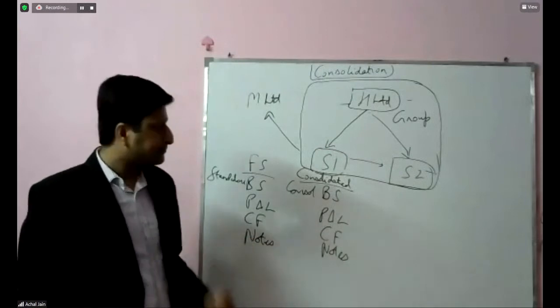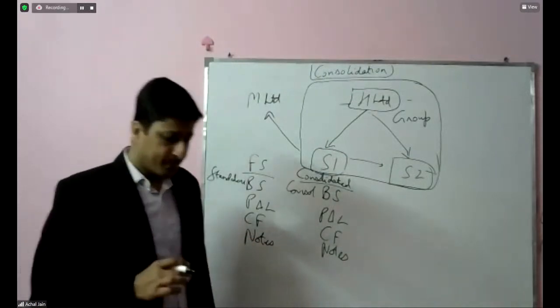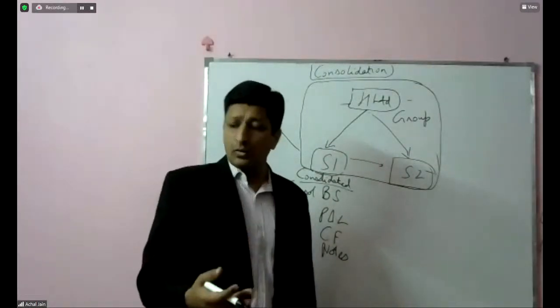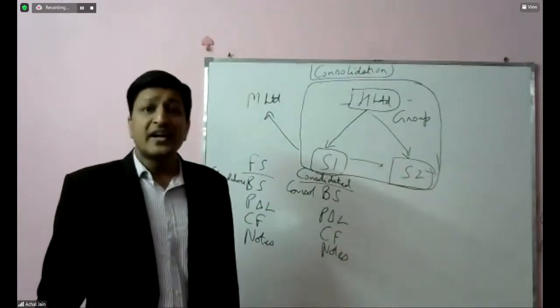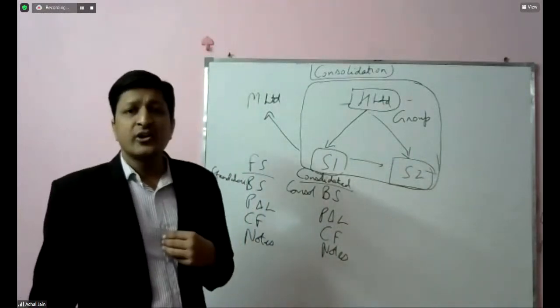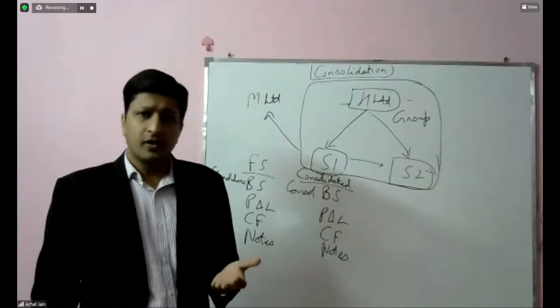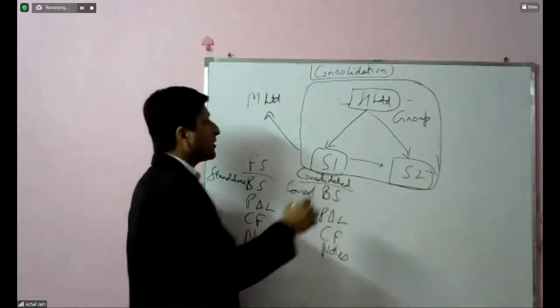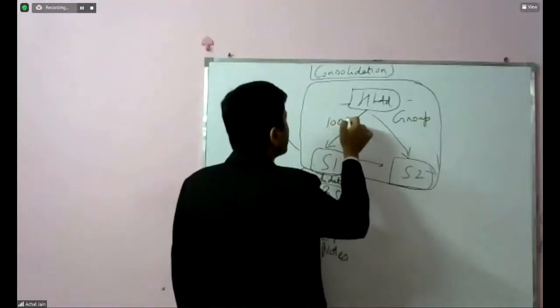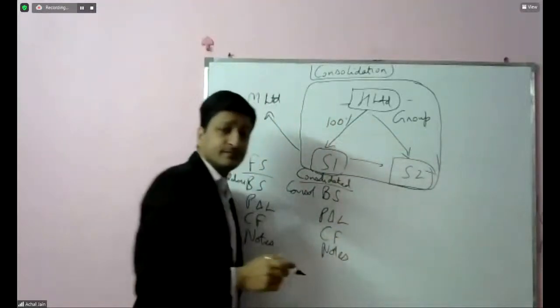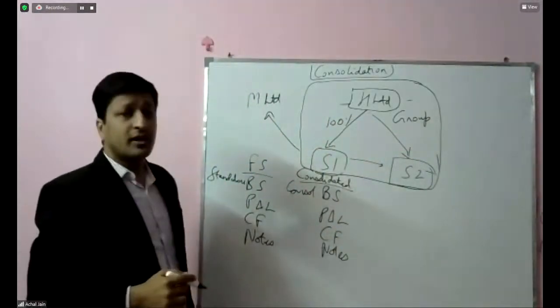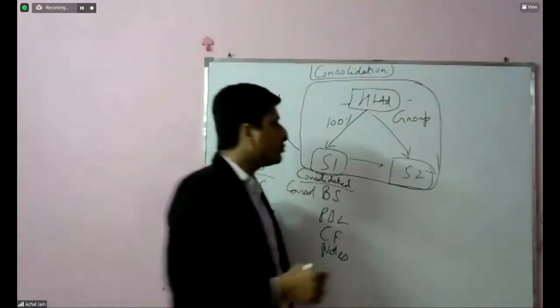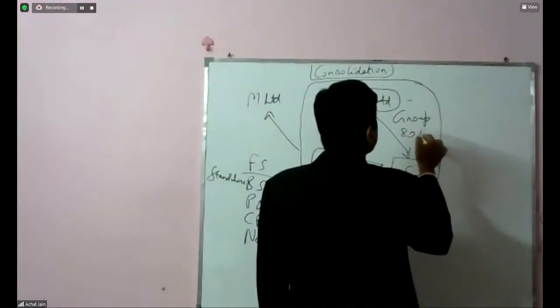Okay. Number two, when it comes to control, we understand that H Limited is the shareholder of S1 and S2. Now, this shareholding of H Limited in S1 could be 100%, and the shareholding of H in S2 could be, let's suppose, 80%.